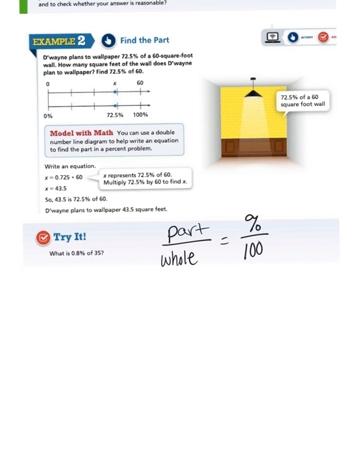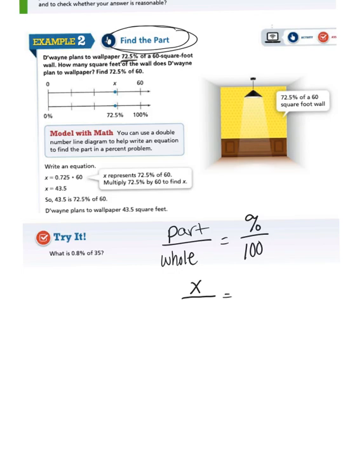So example number 2 is asking you to find the part. If we don't have the part in our equation, we are going to put an x or a variable over that number. Then it says Dwayne plans to wallpaper 72.5%.